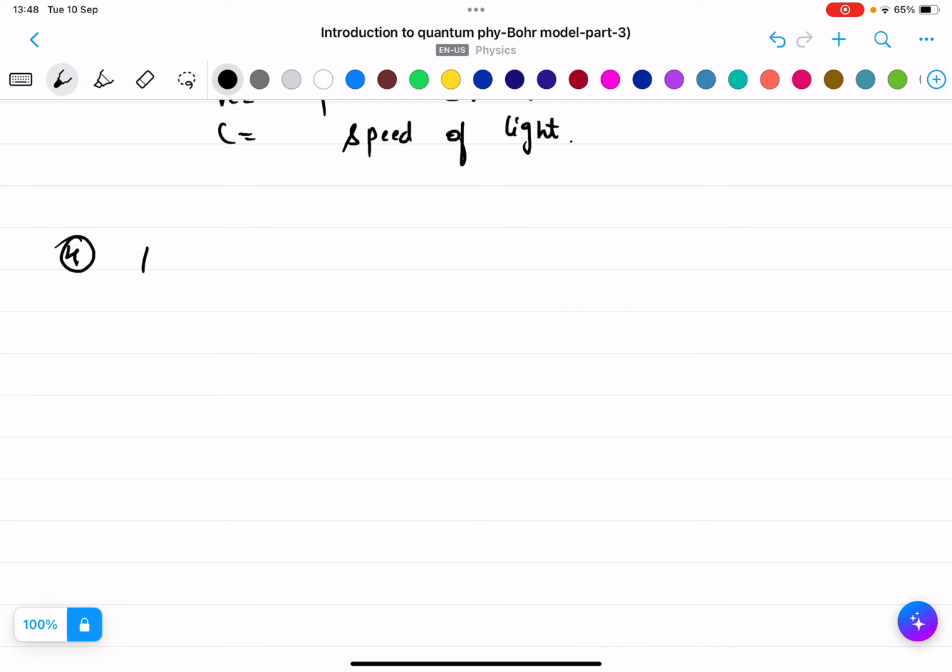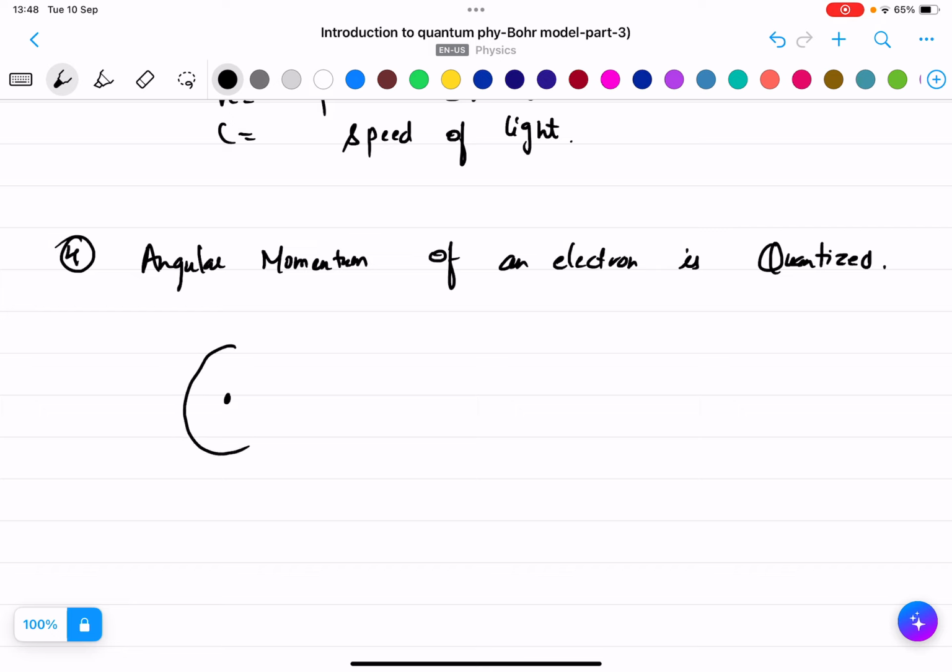For the fourth, the angular momentum of an electron is quantized. Suppose this is the nucleus, the electron is here, this is the radius, and the electron is going in this direction. The angular momentum of an electron is always quantized, so it has specific values: L equals mvr equals nh over 2 pi, where n is an integer.